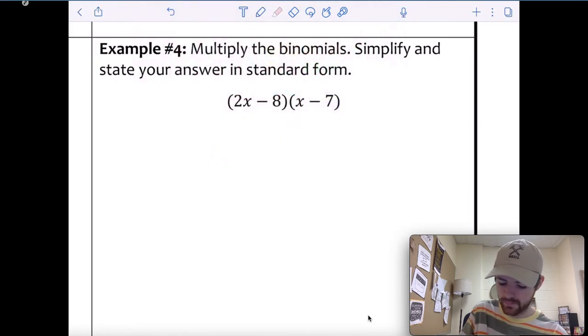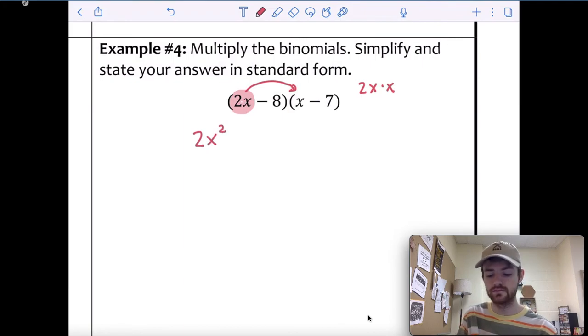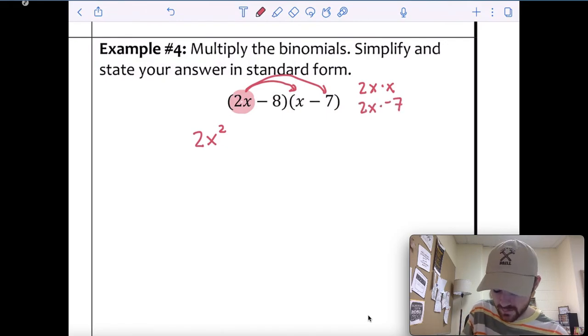Okay. I'm going to take my 2x and multiply it. 2x times x is going to end up being 2x squared. Then I'm going to do 2x times negative 7 to get minus 14x.